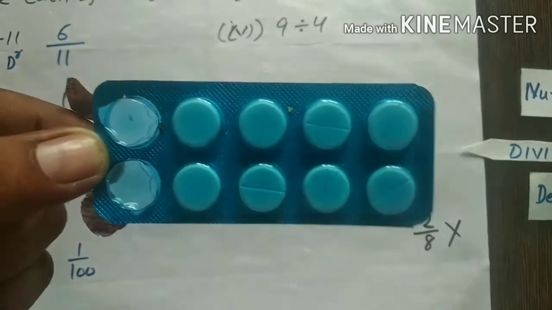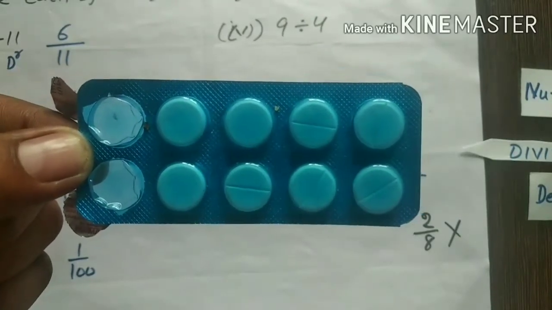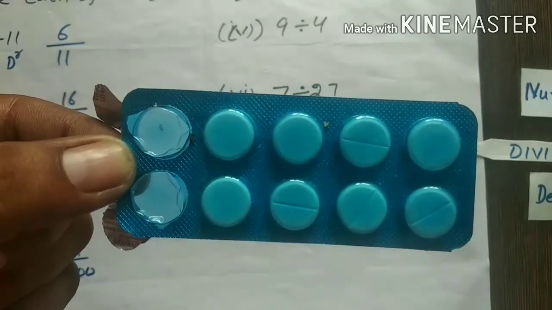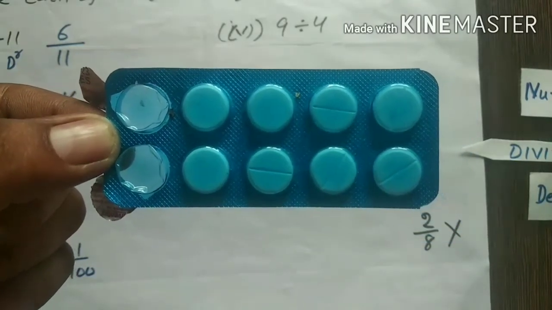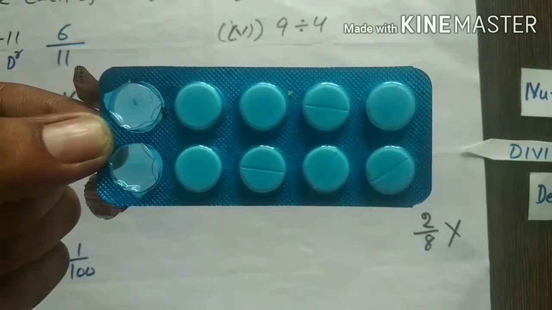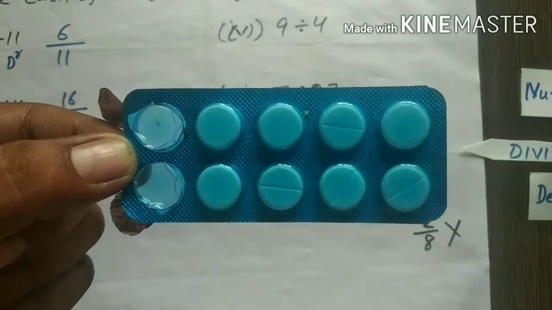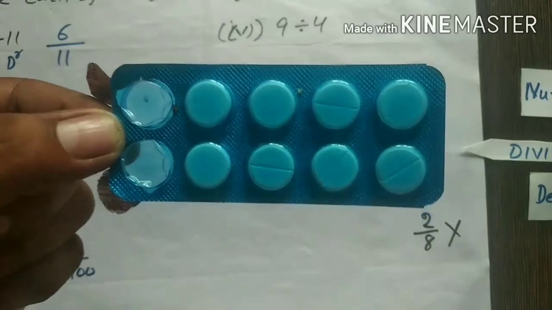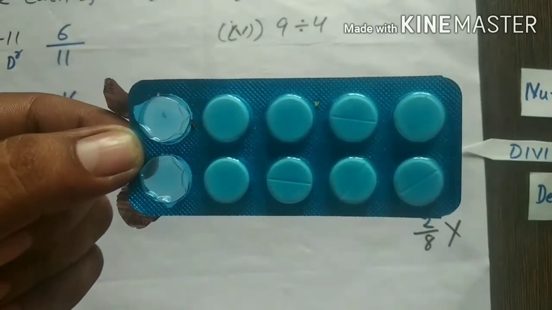I am going to repeat this. If an item is divided into 10 equal parts and we take out 2 of these, then our fraction will be 2 over 10.